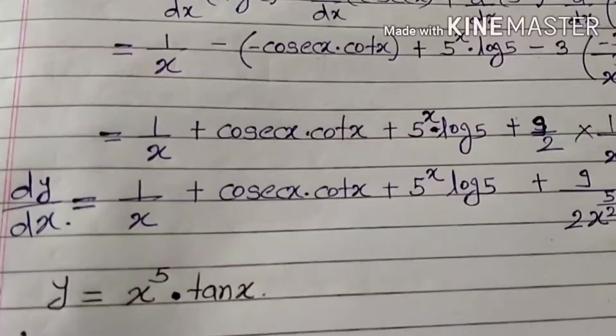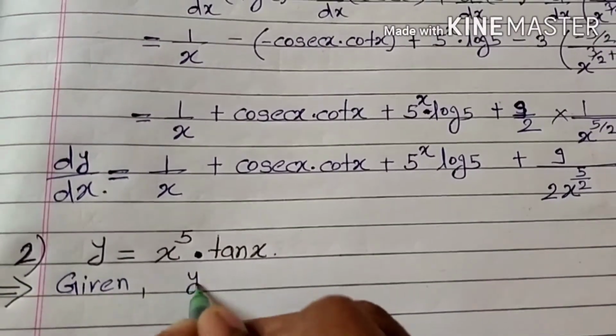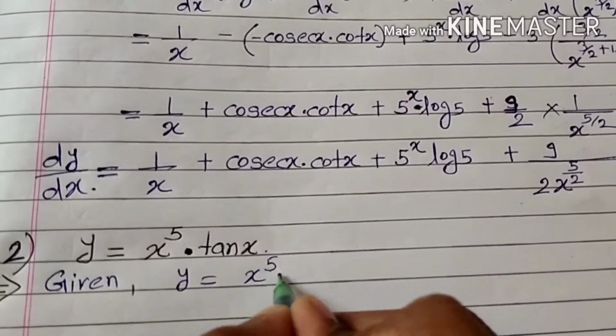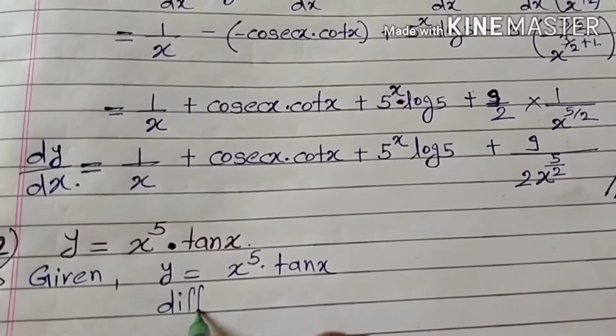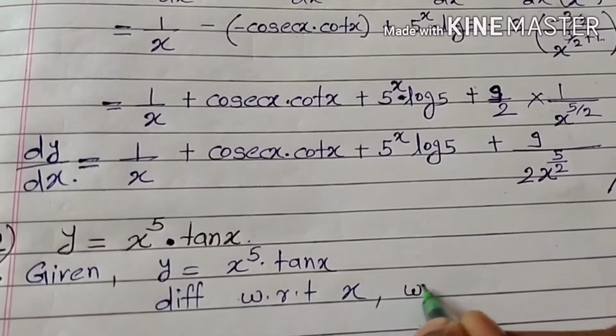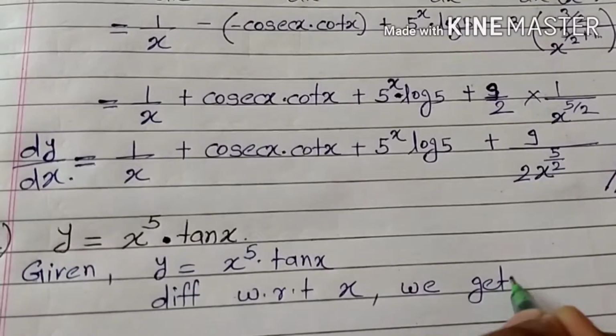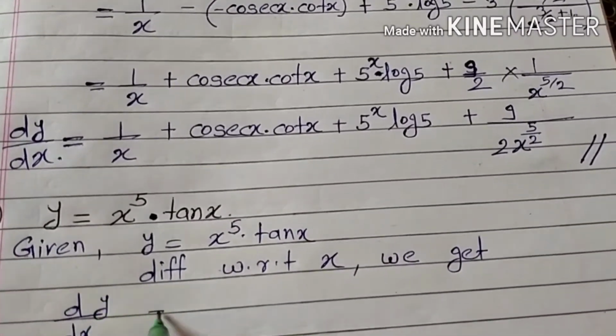So first write given, now differentiate with respect to x, we get, so this is differentiation of y.